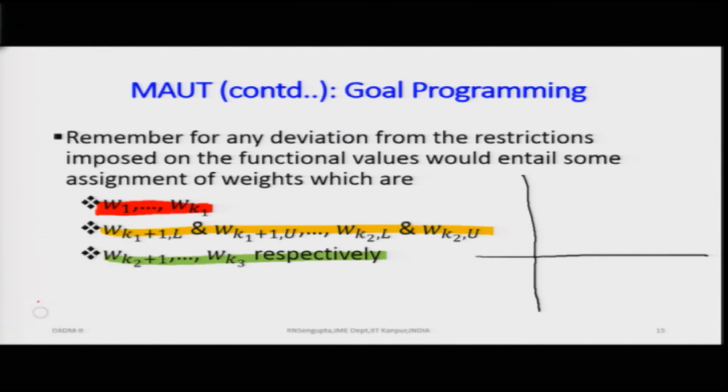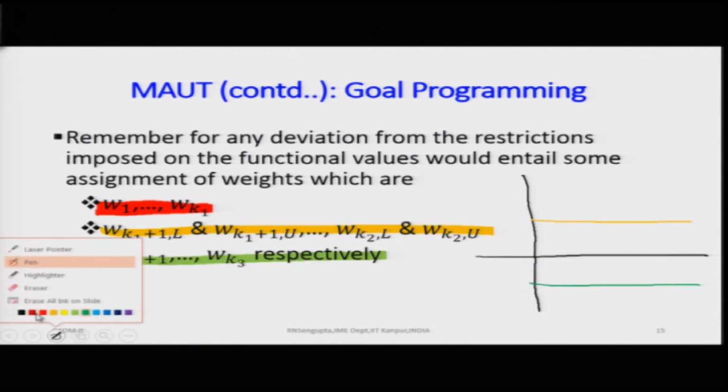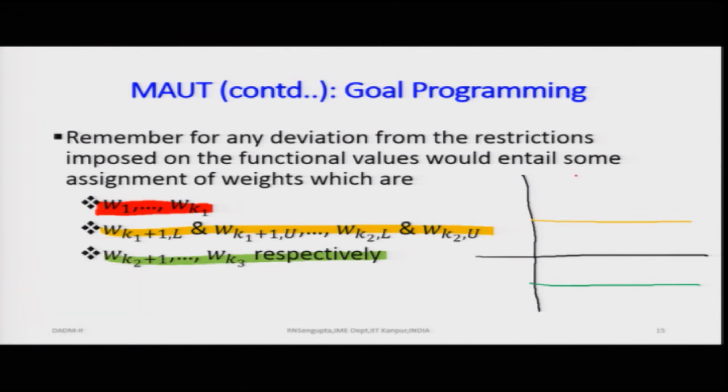So, you will basically have 3 regions and mark these regions with this color. This is the upper bound which you have, this is the lower bound which you have. What you want to do is, one set would be greater, so they may come here, and one set is in between.